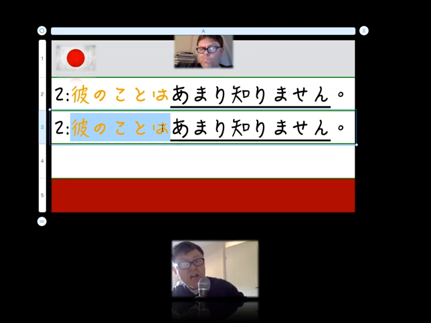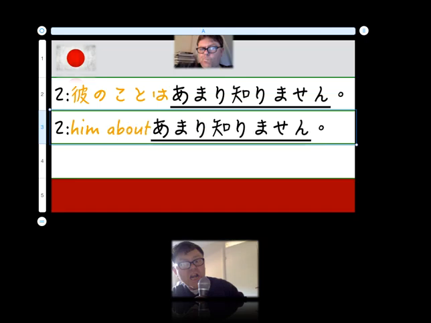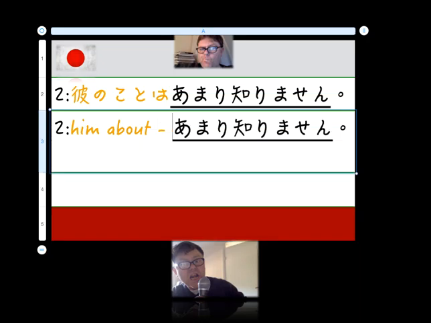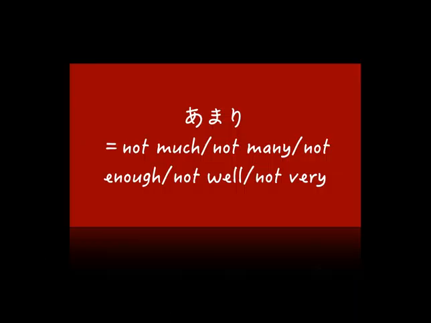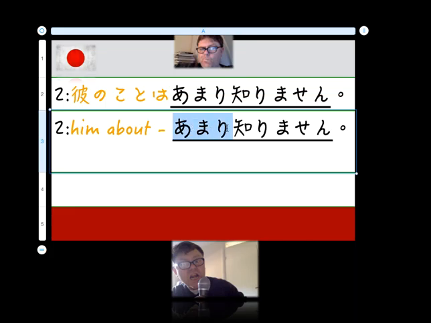So he or him, let's just say him here, about issues, okay, the things about him, as for, not very, not much, okay, all these sort of words that we can use. Not enough, okay. We can all use these things here. Let's go back into it and translate it as not much.